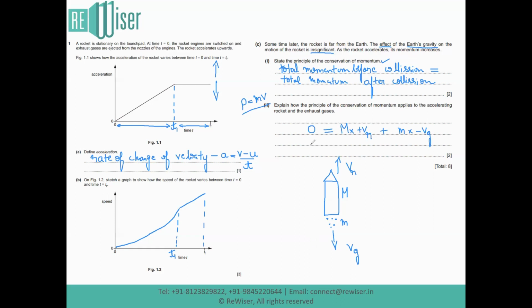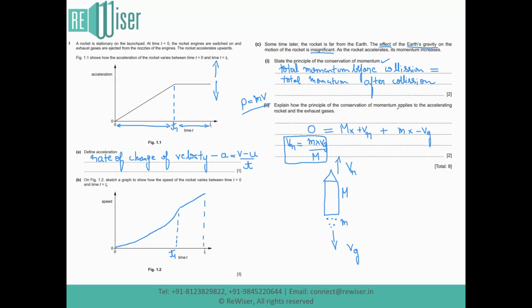Rewriting this equation, we get velocity of the rocket vr is equal to m into vg divided by capital M. So this is the law of conservation of momentum applied to an example scenario of rocket propulsion.